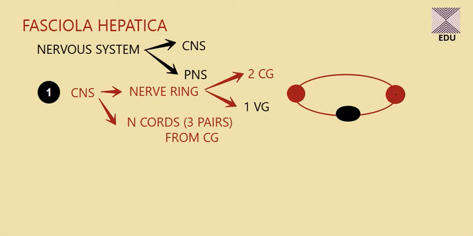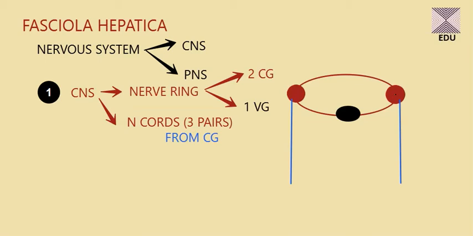If we make them blue in color, out of these three pairs, two are ventral nerve cords, which are coming out of the cerebral ganglia.